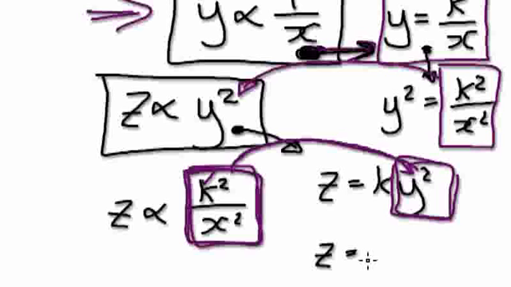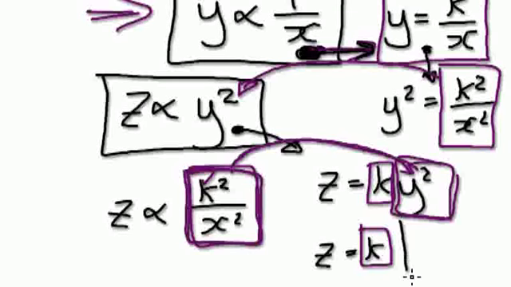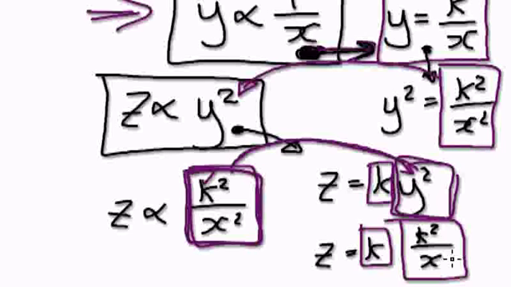So it will be z equals a constant, a number that we don't care about. This is this k here, and then we've got to times it with y squared, so it will be this k squared over x squared.